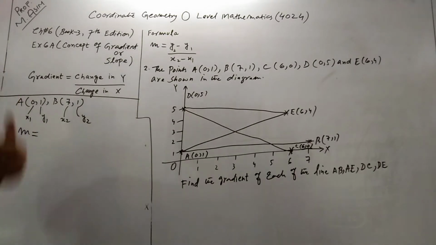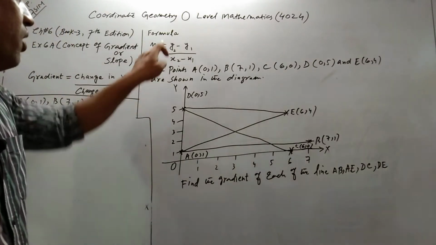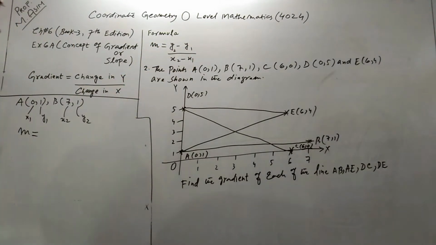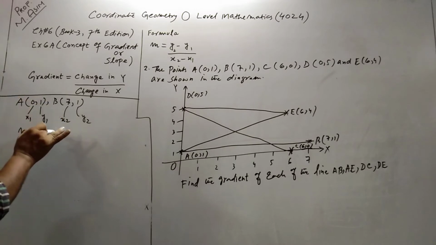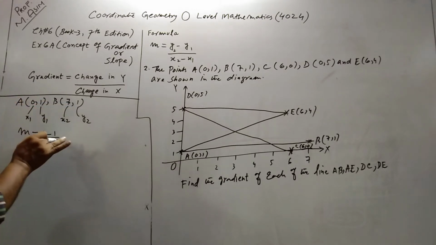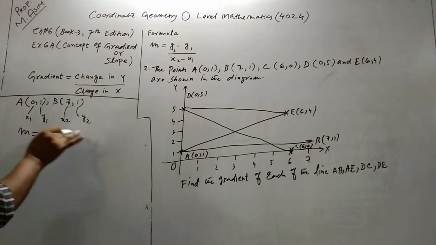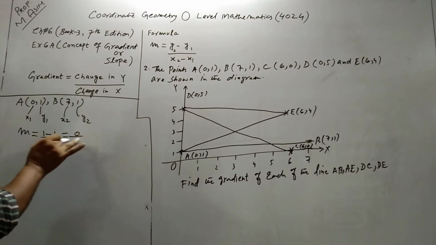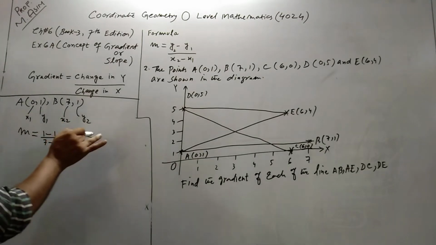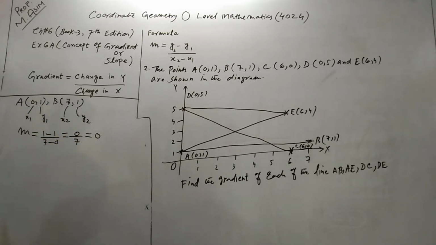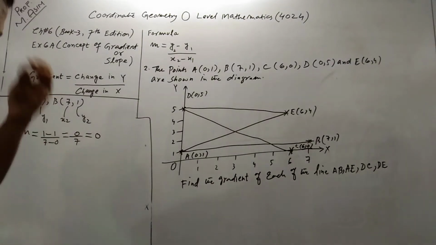Therefore, the formula of gradient is y2 minus y1. What is y2 in this case? 1, minus what is y1? 1, upon x2 is 7 minus x1 is 0. 1 minus 1 is 0. 7 minus 0 is 7, and 0 upon something is always 0.